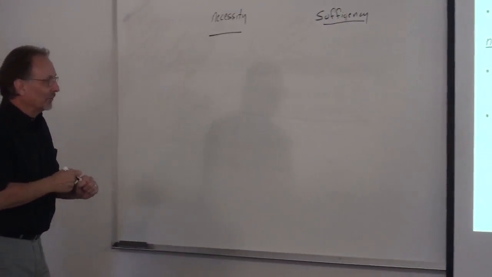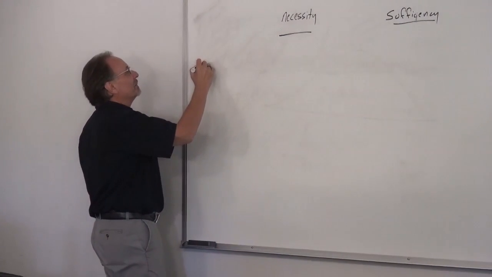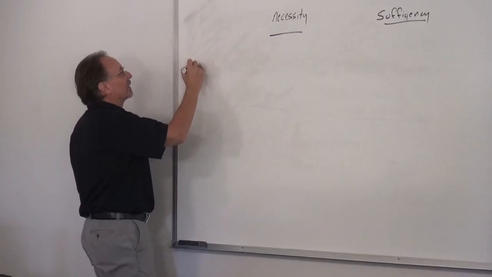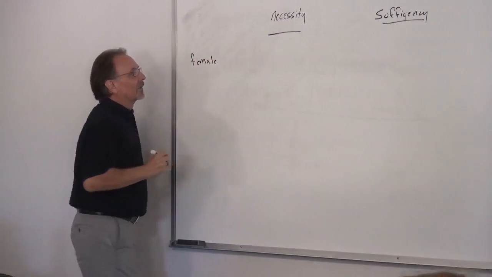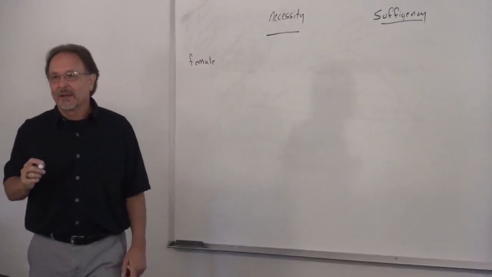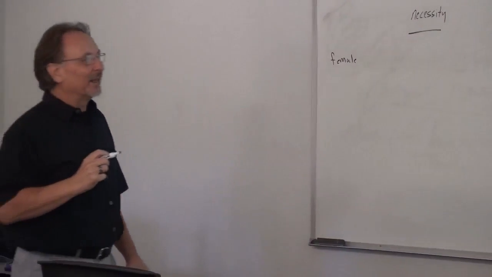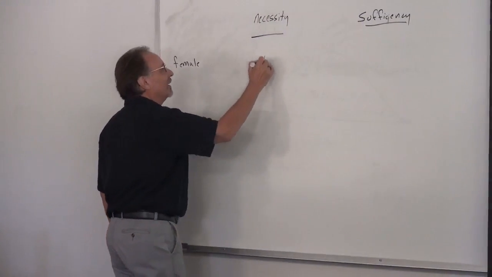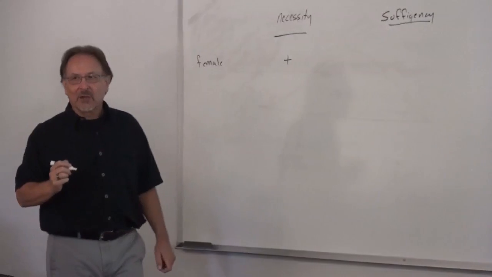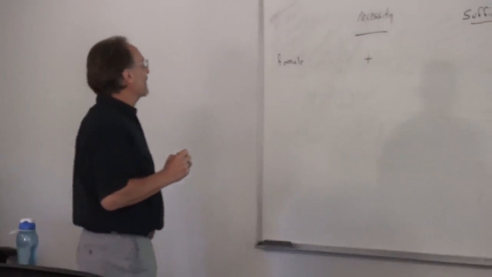Okay, so let's take our first example. A female organism for most mammals, and there are some unusual exceptions to this in the animal kingdom, but for most mammals, is a necessary cause for pregnancy. Okay, must be a female organism.